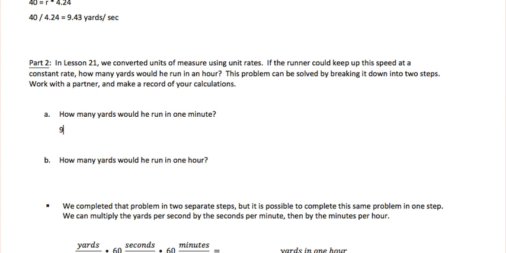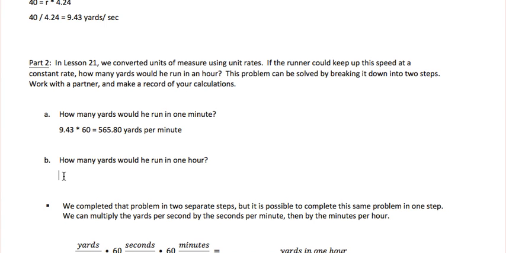So we will take the rate, 9 4300, and multiply it by 60 seconds, which will give us 565 and 80 hundredths yards per minute.